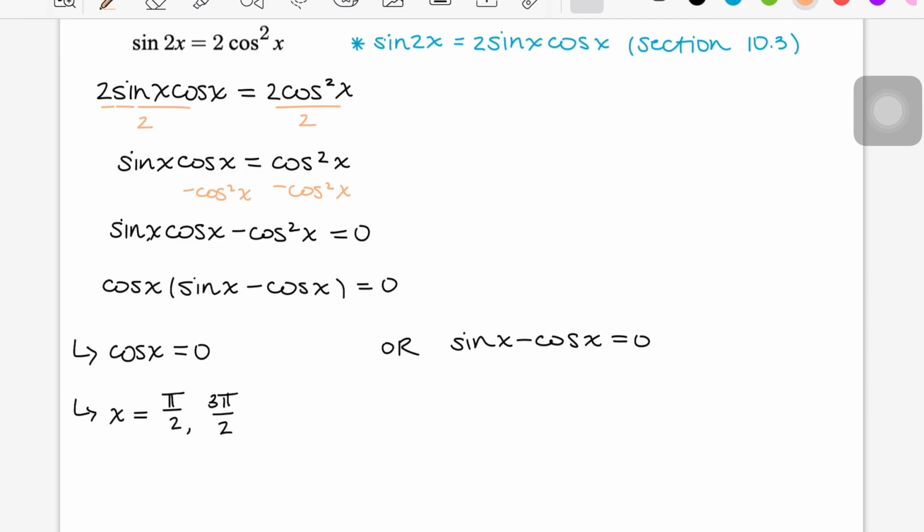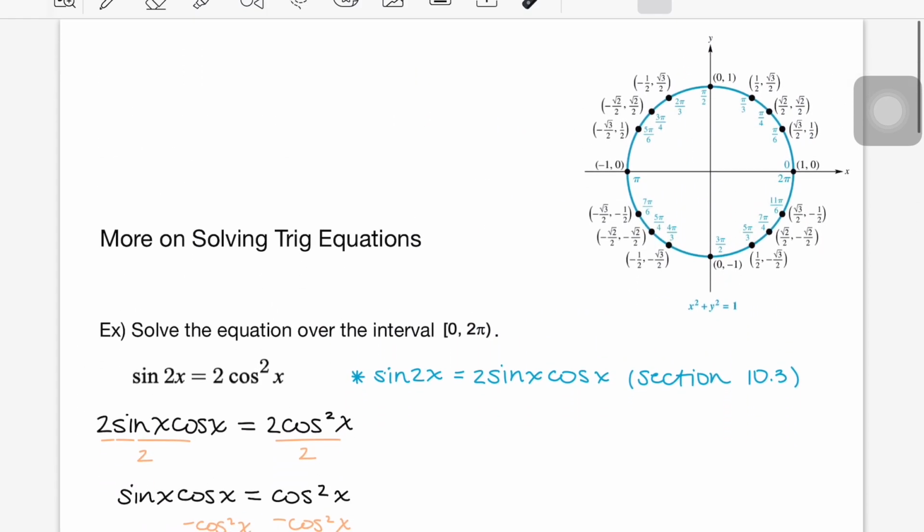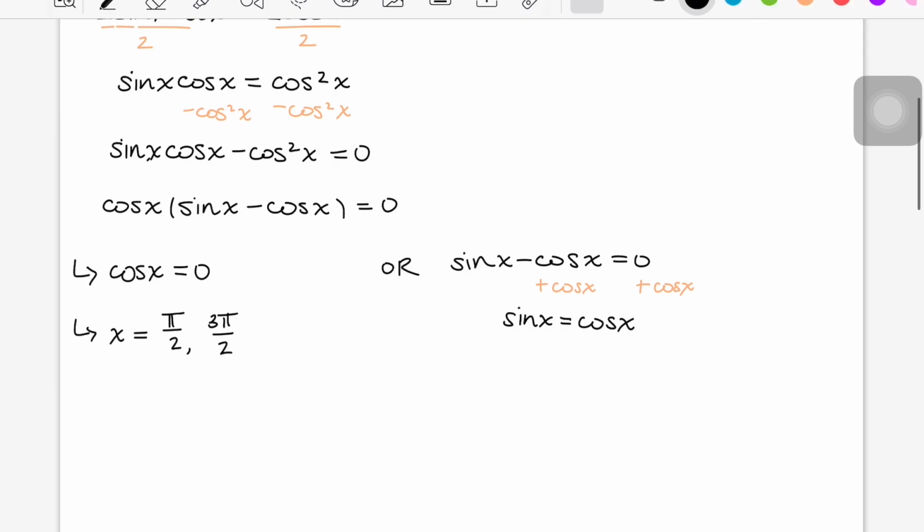And then in this case here, notice that this is just sine x is equal to cosine x. Okay, so we want to figure out for what values this is true. Going back to our unit circle, the only time that cosine x is equal to sine x is when x is equal to pi over 4 or 5 pi over 4. So those are our two solutions here.